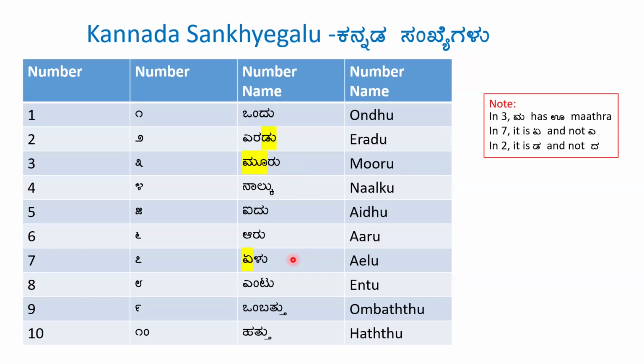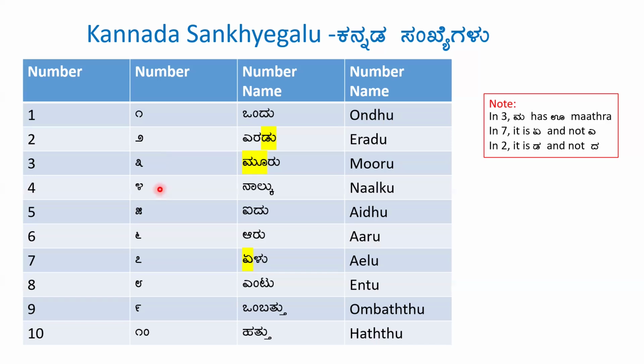The next mistake is for the number 7. They write elu incorrectly; it is elu with badi a. So some tips in writing numbers. If you see the number 3, it is similar to number 2 in English.